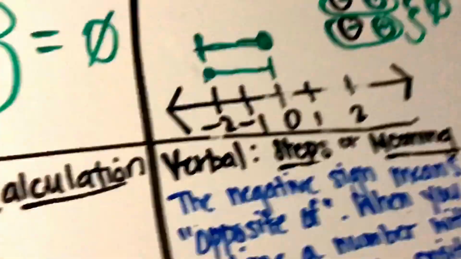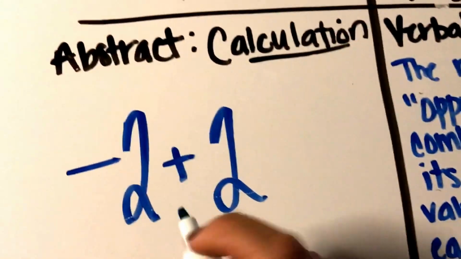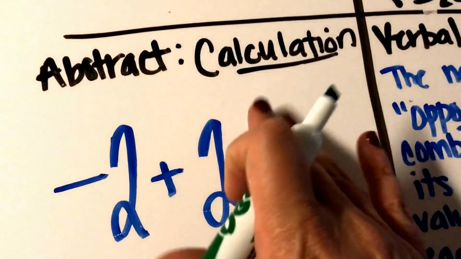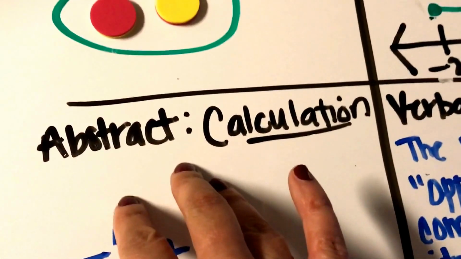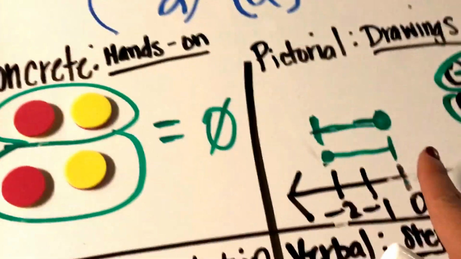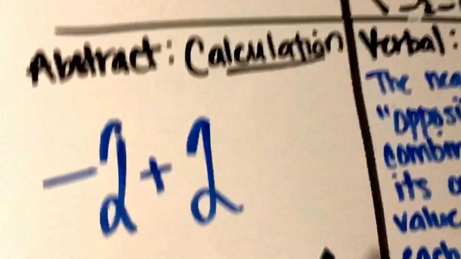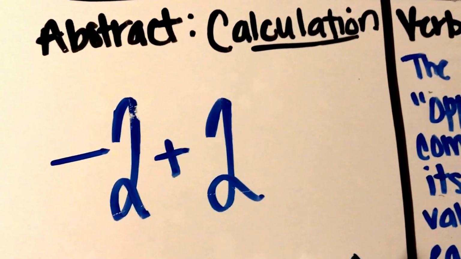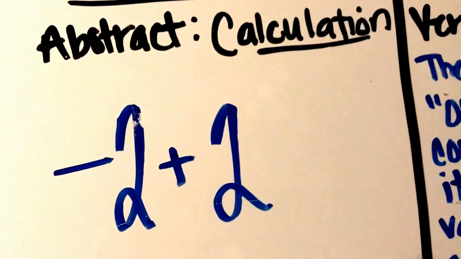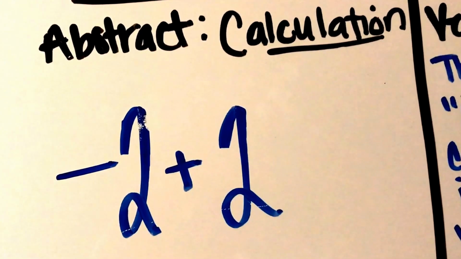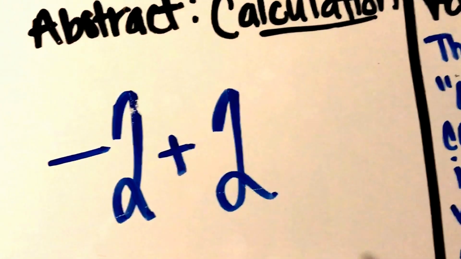Others, you know, we might have some other supports that we use. But if this is the only way you can do something and you don't know how to show it or represent it using a different representation, then you don't really understand what you're doing. Math is not about memorizing steps and hoping that you're right.